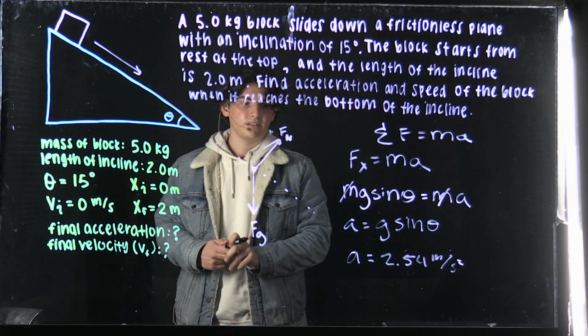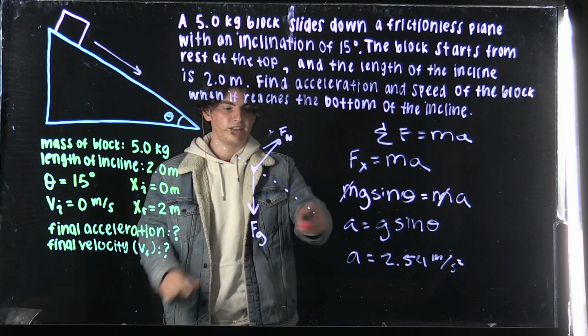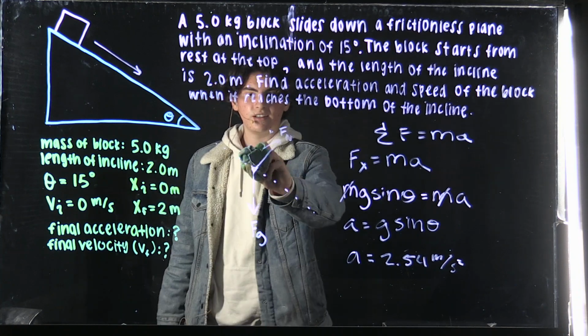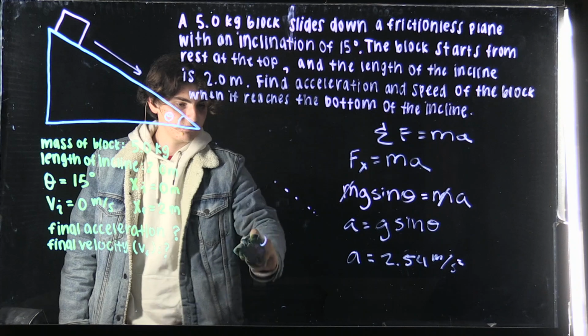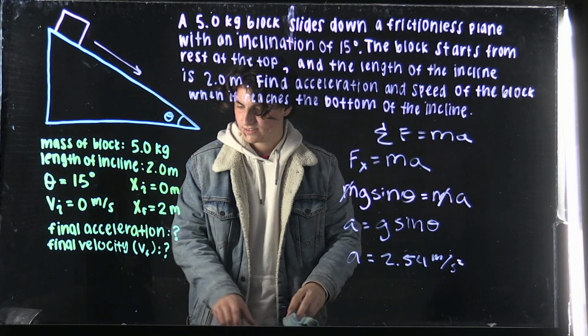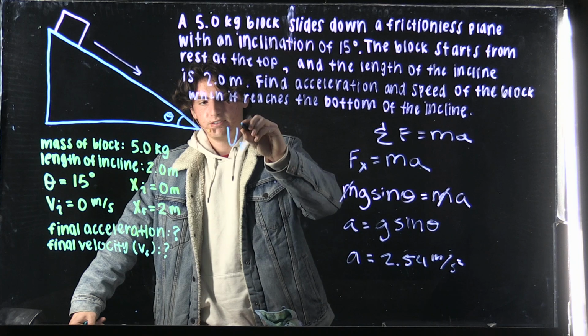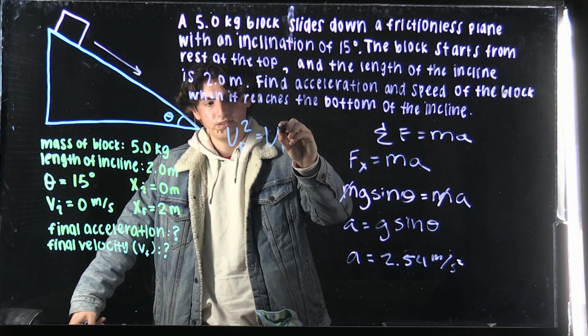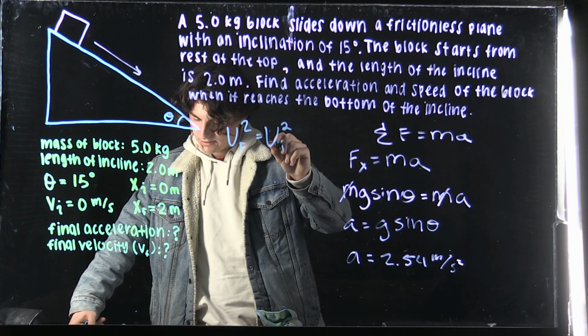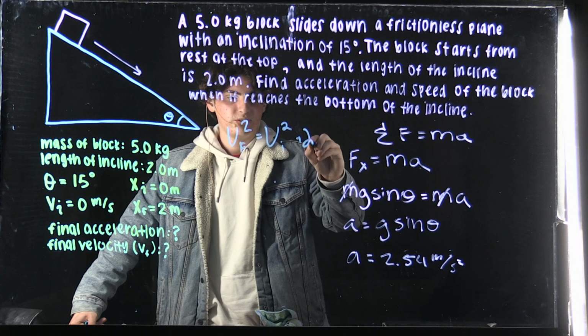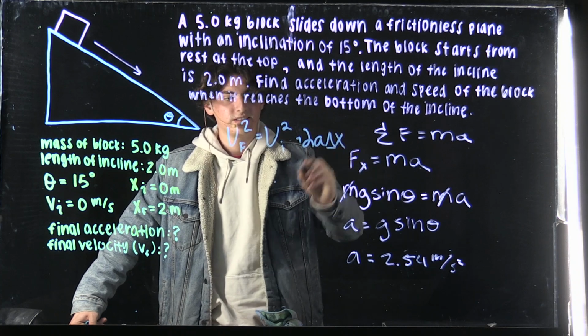From there, we can relate that to our kinematic equations. We know that velocity final squared is equal to velocity initial squared plus 2 times acceleration times delta x.